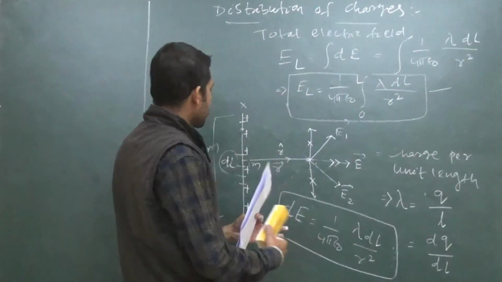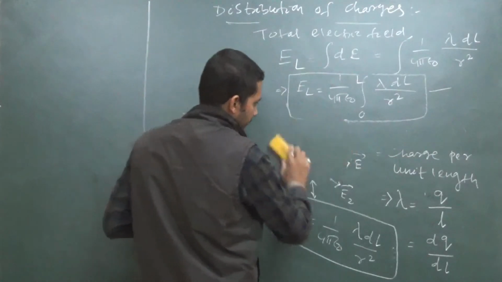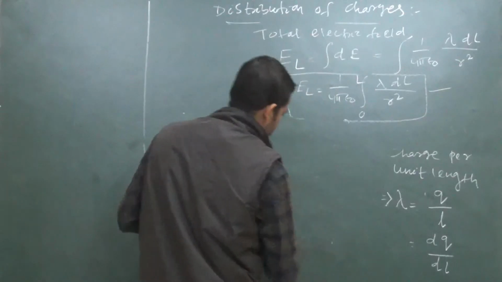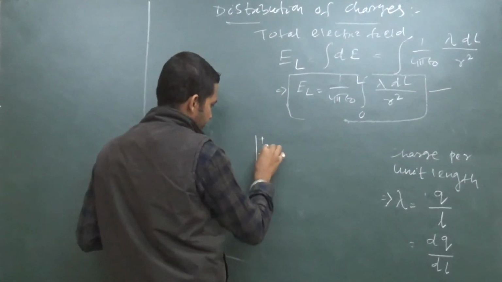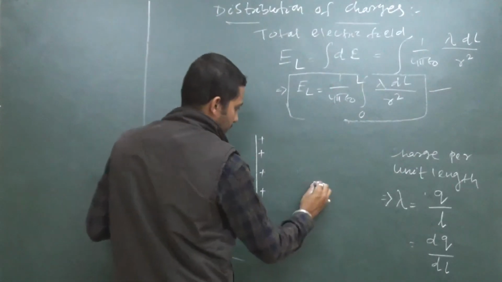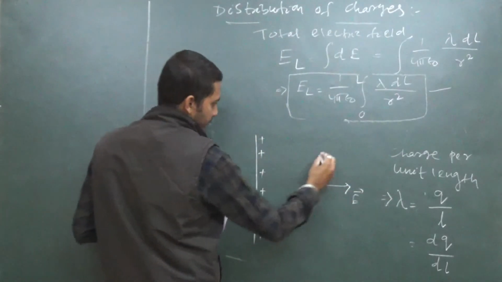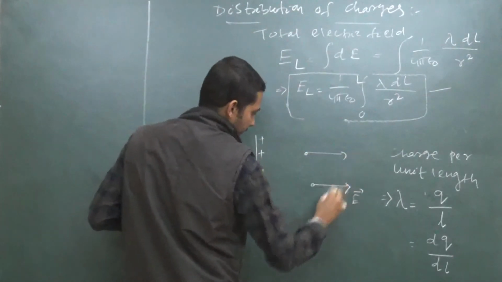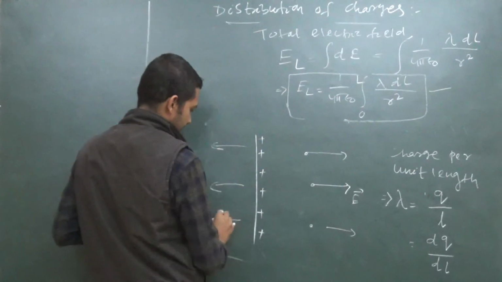Now the question arises: what is the shape of the electric field here? See, this is a line and it contains some charges. The electric field coming on this point was like this. When the electric field acts on some other point, it will be like this or like this, and the same way like this and like this.